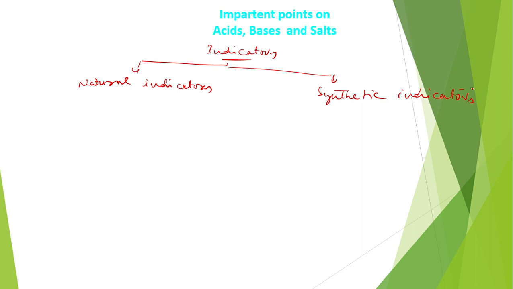Natural indicators means we get these indicators from natural sources. For example, litmus paper. Okay. So this is enough, I think, for you. And synthetic indicators, for example, phenolphthalein. Just see the spelling.